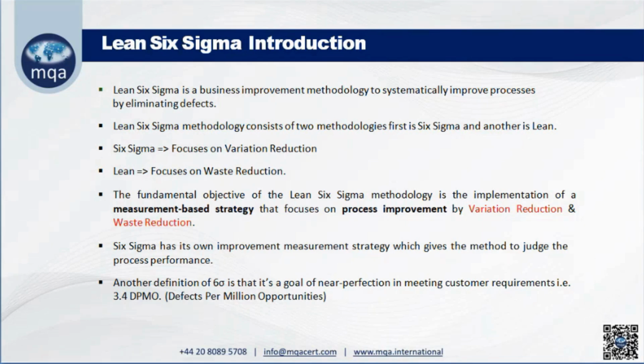So before, after, and also during, we take a measurement of my current weight, target weight, after 1 week, after 1 month, 2 months, 3 months. If I don't start taking the measurement of my weight, I will not know whether it is working at the right pace. So measurement gives you control, it gives you evidence that your idea is actually working on the ground. And the focus is on reducing variation and reducing the waste.